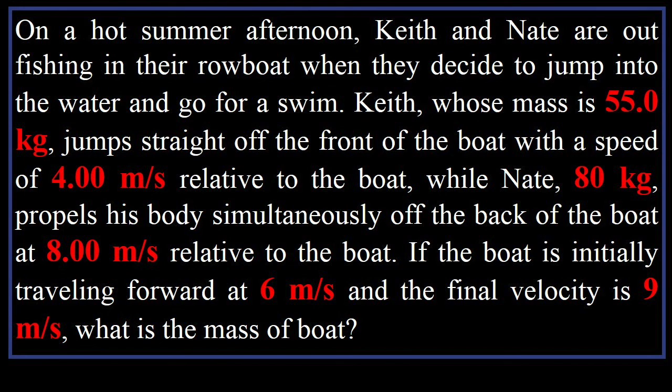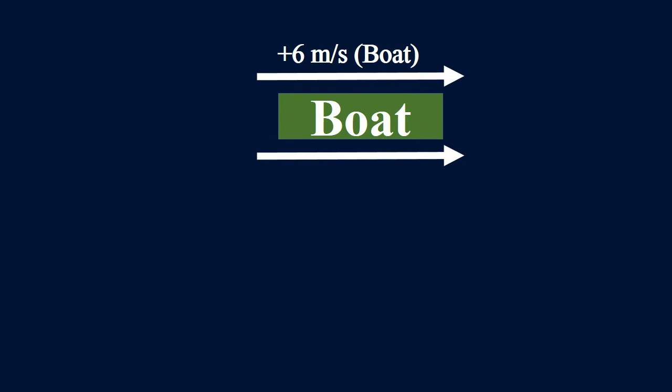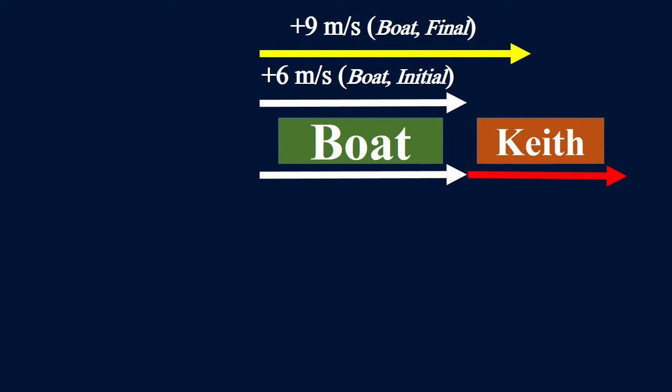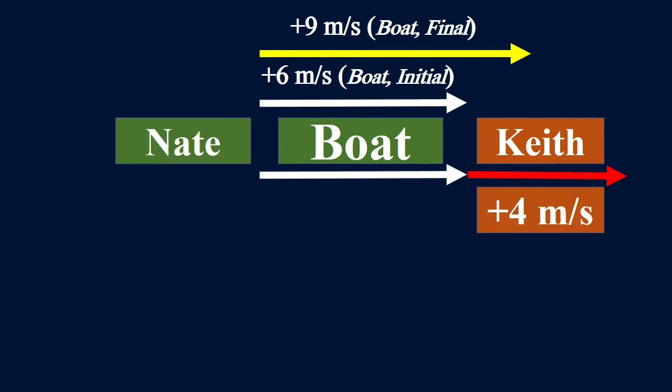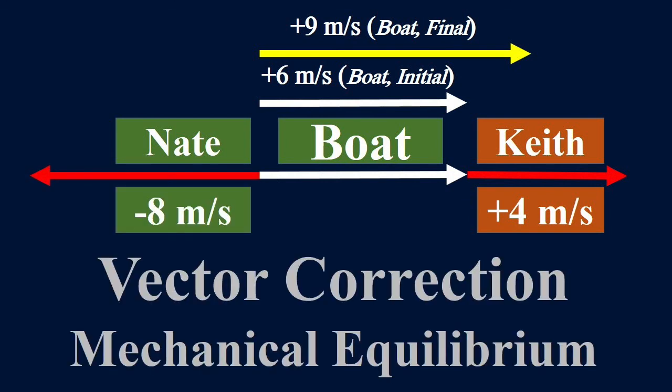Anybody? All right, so what we'll do is we'll go through the same thing, but more quickly. Stagnant water, there's the boat going to the right, plus 6 meters per second, and then the final velocity is plus 9. So Keith is going forward, plus 4 meters per second. Nate is going backwards, at 8 meters per second.